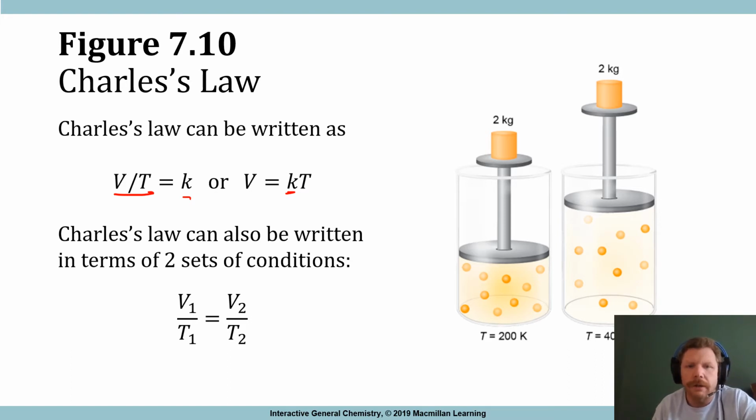Charles's law can also be written in terms of two sets of conditions, and this is where I was talking about maintaining a constant pressure. You can have one experimental trial at sea level, and then do a similar trial at the same atmospheric pressure. So we've got V1 over T1 is equal to V2 over T2.